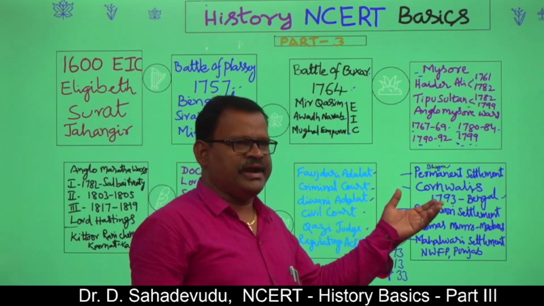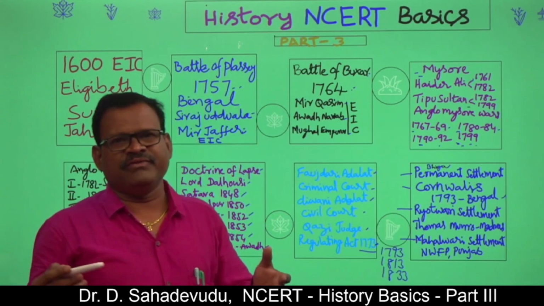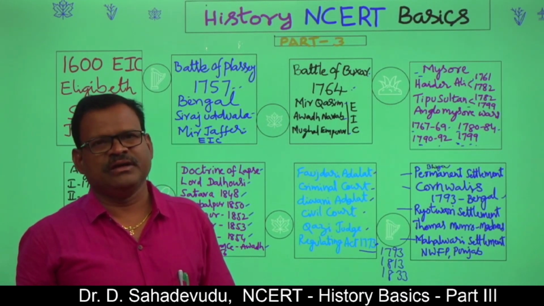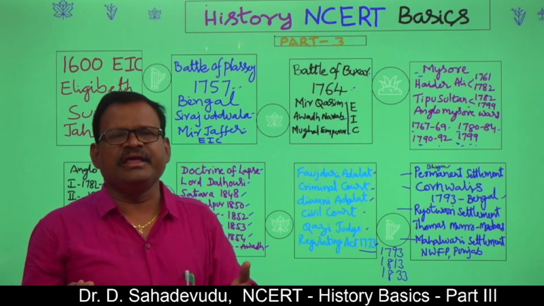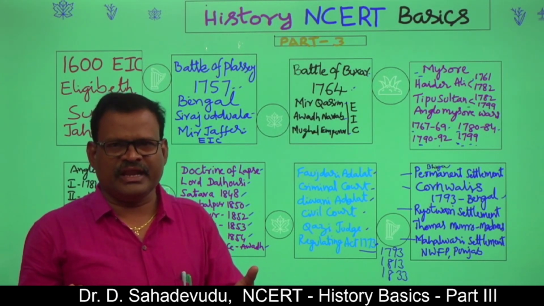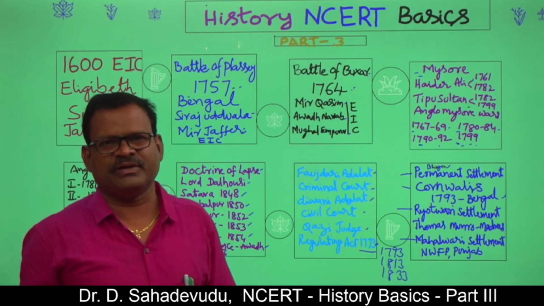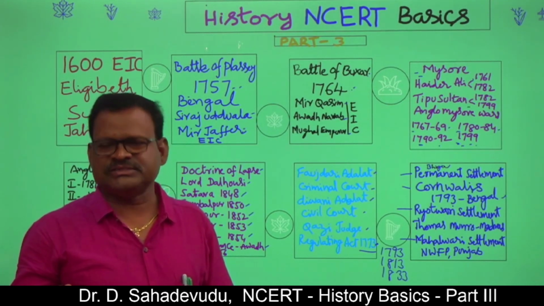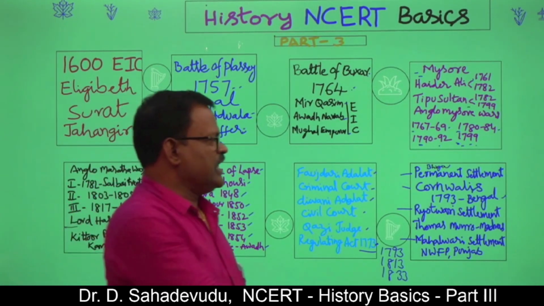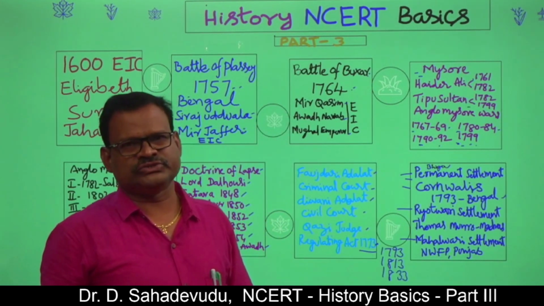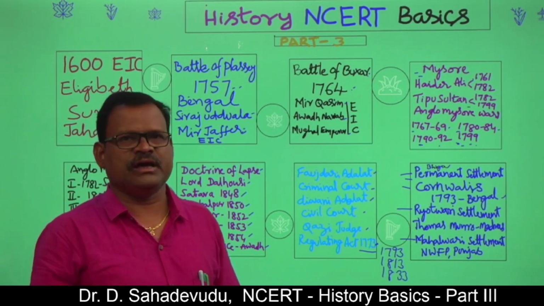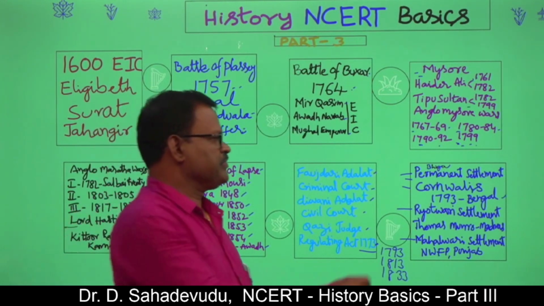Zamindars were given the right to collect the revenue from the farmers. But the British East India Company did not lay down any regulations for the collection of revenue between farmers and Zamindars. So like this, the Zamindari system, the permanent settlement, was introduced in Bengal, Bihar, Orissa by Lord Cornwallis.